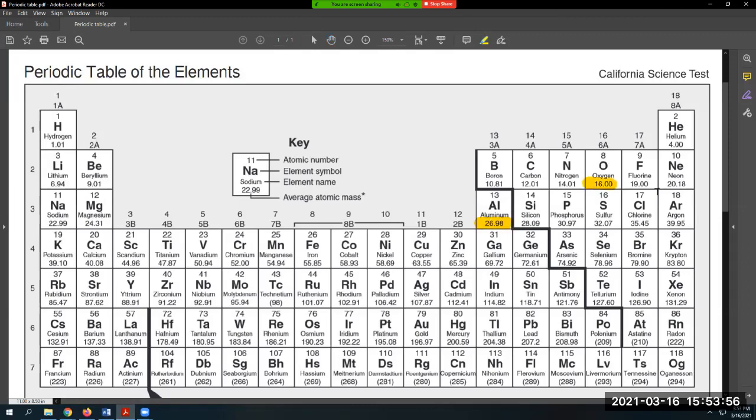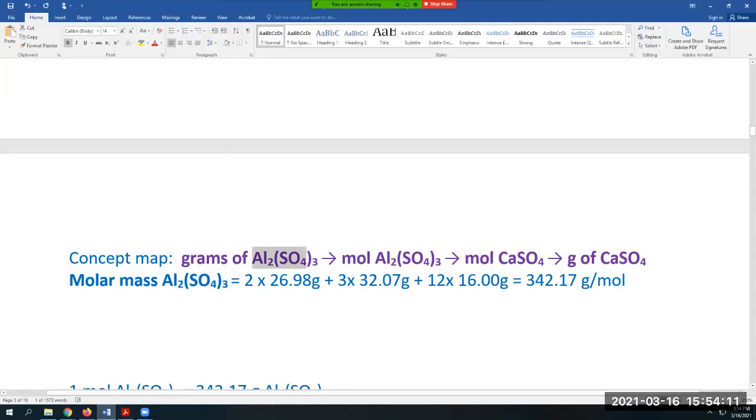There is oxygen, 16.00 grams per mole, and then sulfate, right? Sulfur is 32.07. So we need those numbers. So let's see here. You do 2 times the molar mass of aluminum. So 2 times 26.98 grams, right? Because there are 2 aluminums per formula.